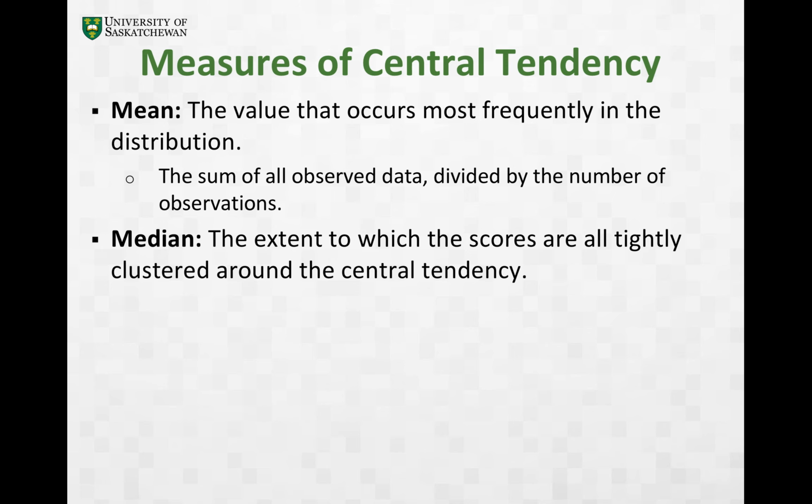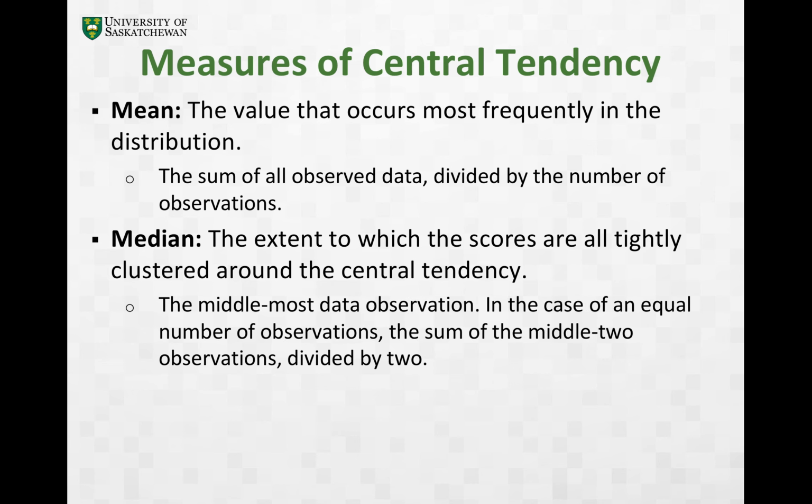Another way is the median, the extent to which the scores are tightly clustered around the middle. The way that we find it is that it's the middlemost data observation. So if there's an odd number of observations, it's the middlemost number, whatever that number is. If there are an even amount of observations, it's the sum of the middle two divided by 2.